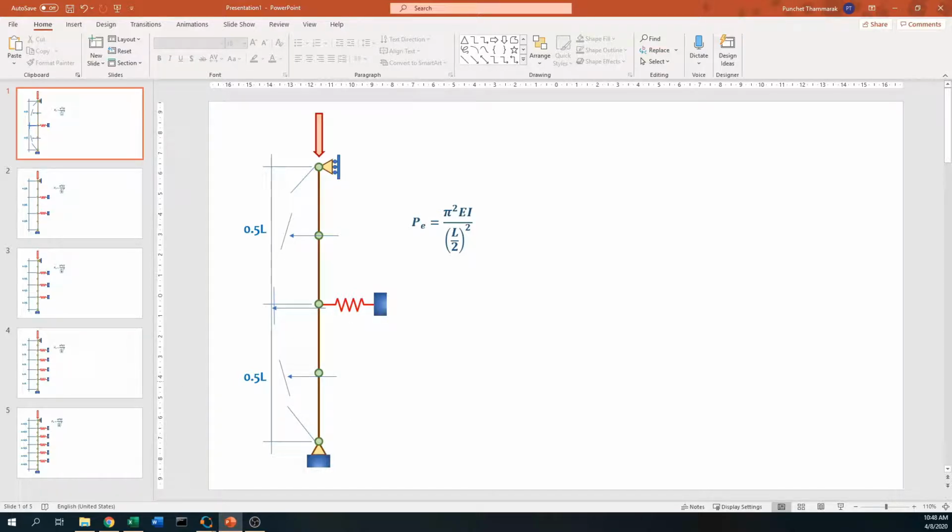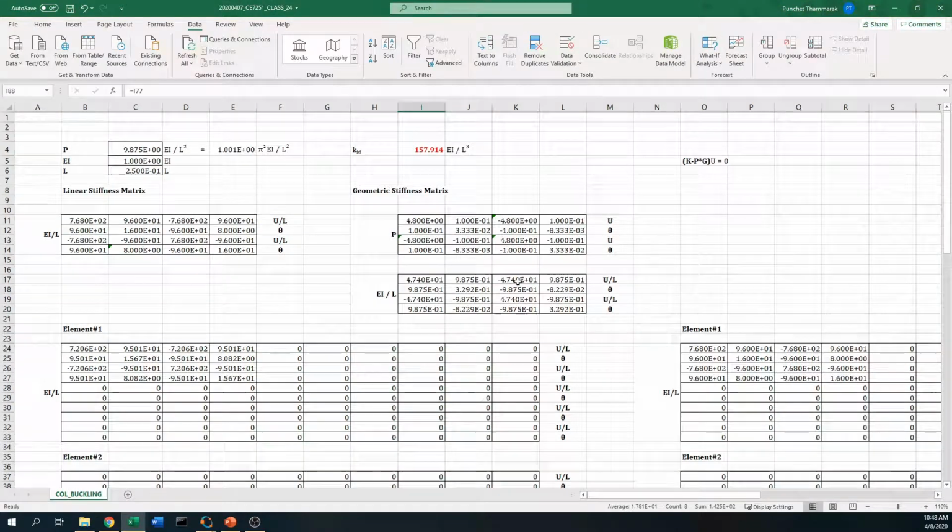So from the paper, you need 2 PE over L. That is equal to K ideal. So I do the calculation a little bit over here in order to find the K ideal. How much K ideal do we need?